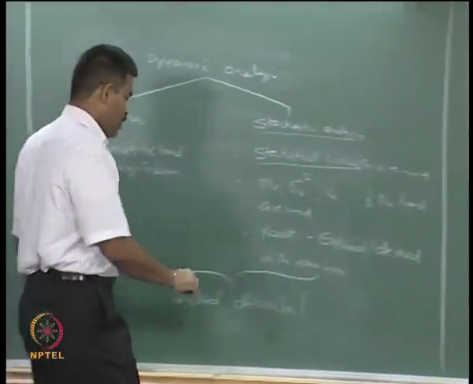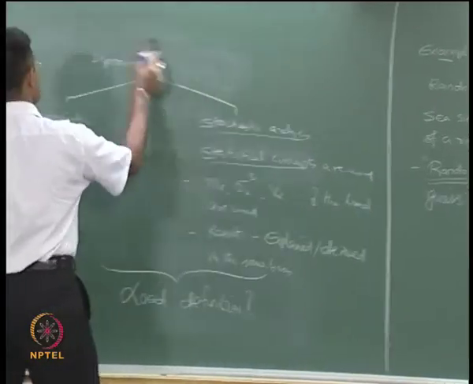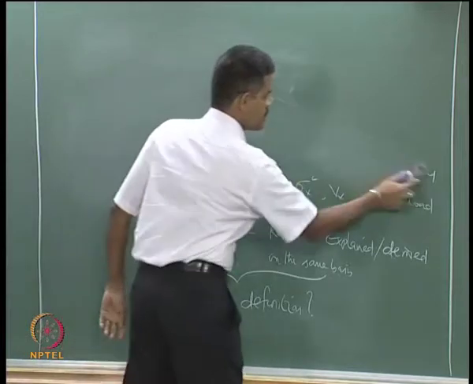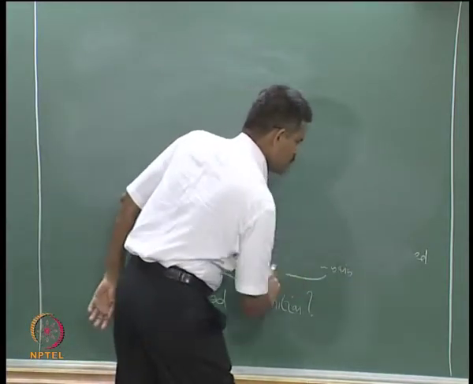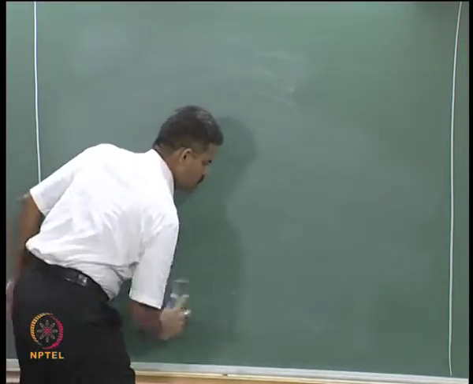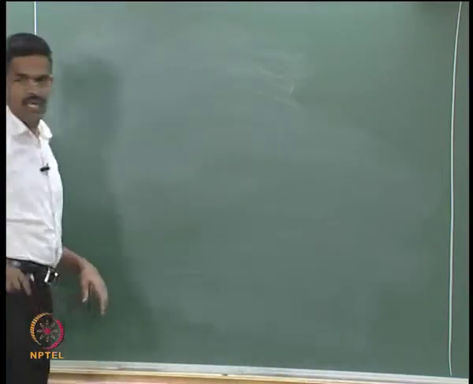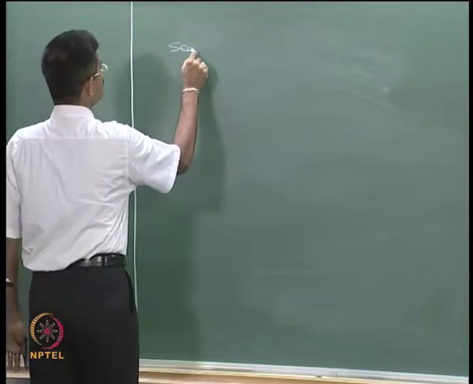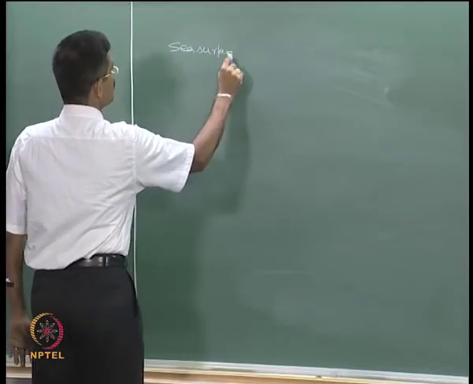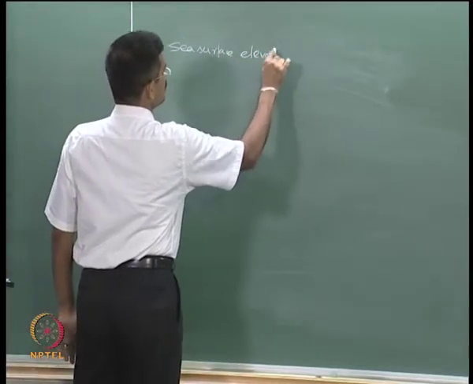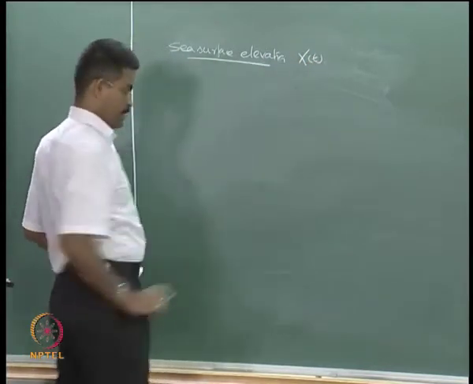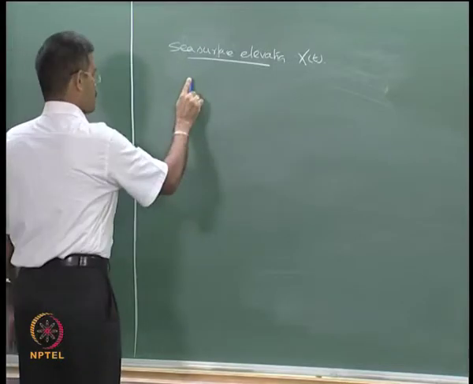So now let us quickly plot a time history of a sea surface elevation and see what randomness is involved in this and how it can generally be handled in the analysis. Let us say I plot a sea surface elevation, I call this x of t. So the x of t looks like this.